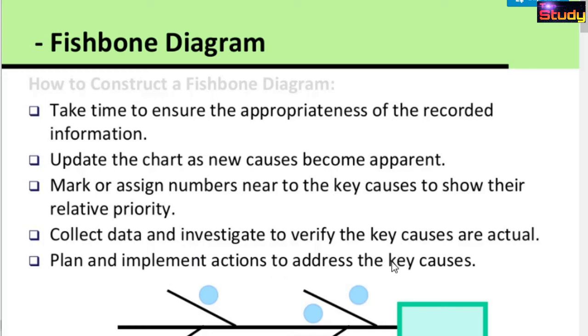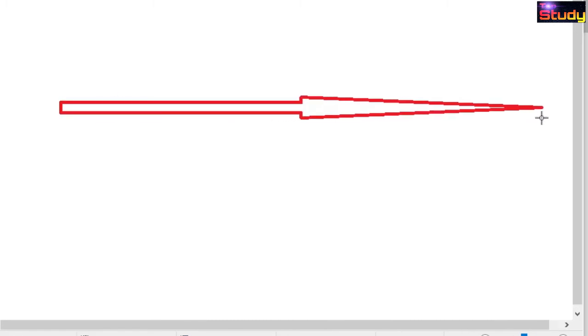So now we see how to draw the diagram, called the fishbone diagram or cause and effect analysis, also called the Ishikawa diagram. So let's see how to draw a fishbone diagram. First of all, you draw a line like that.